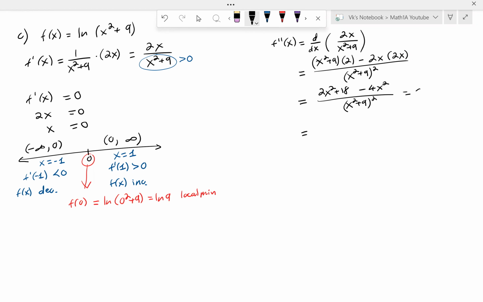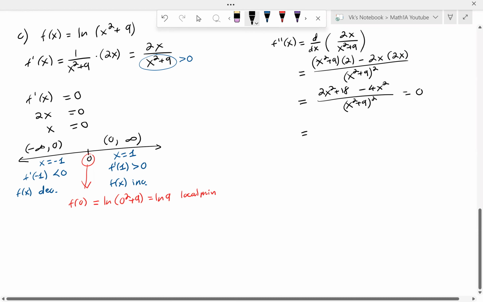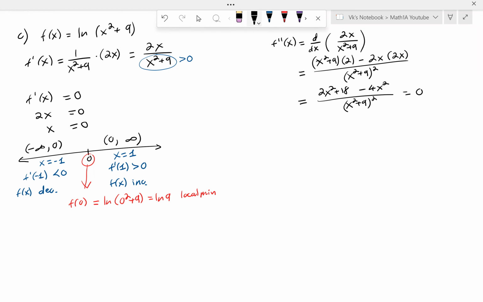Now set this equal to 0. What we have here is, set the numerator equal to 0. So 18 minus 2x squared equals 0. x squared is equal to 9.